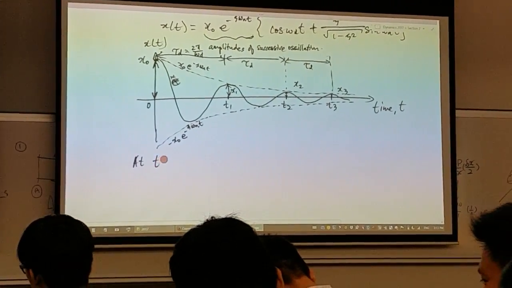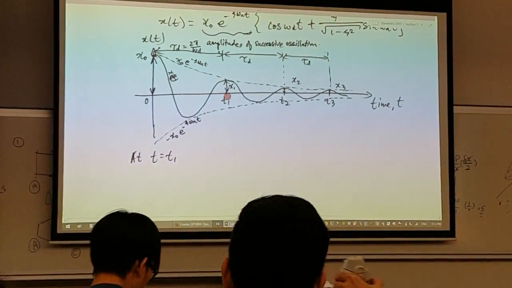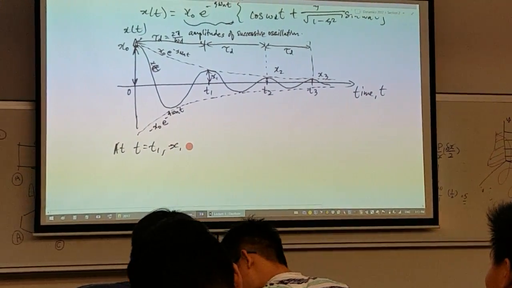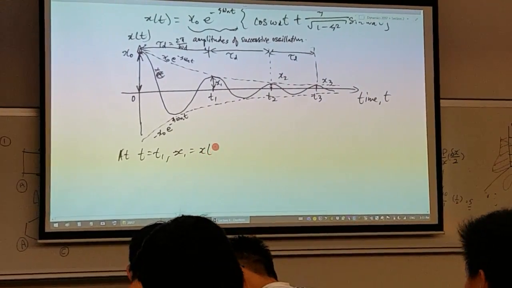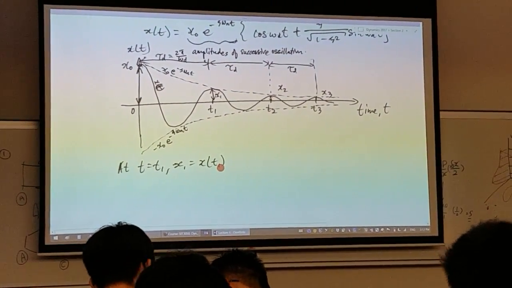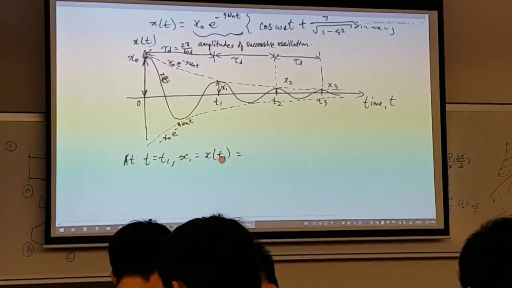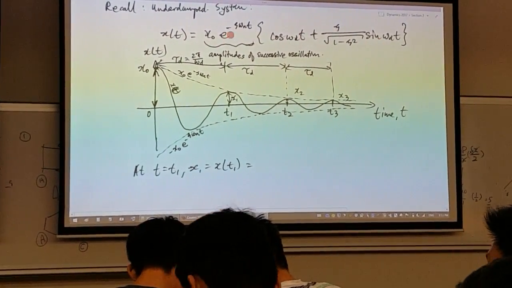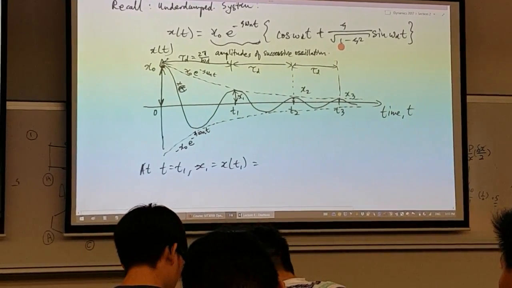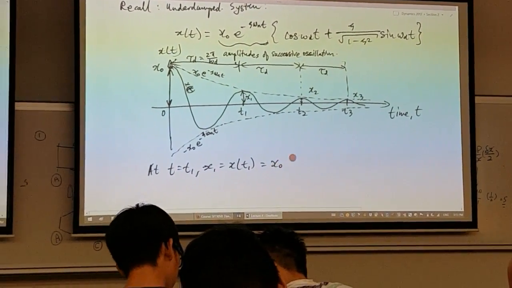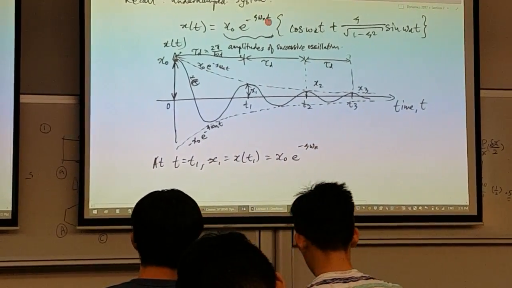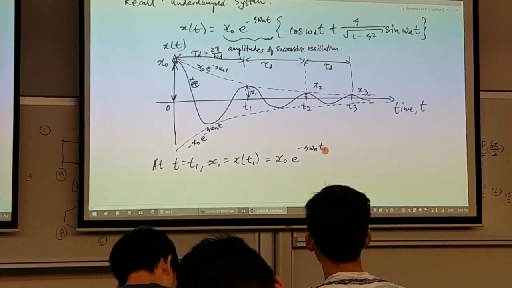At time equal to t1, that is this time over here, x1 is equal to x at time t1. What that means is that we want to substitute t1 into this underdamped equation over here. So this will be x0 e to the power minus zeta omega n, and that t now becomes t1.